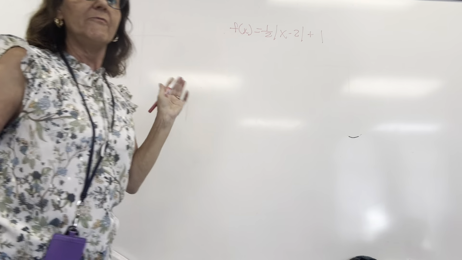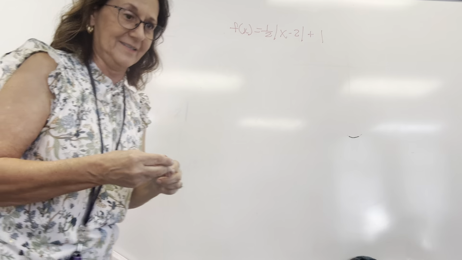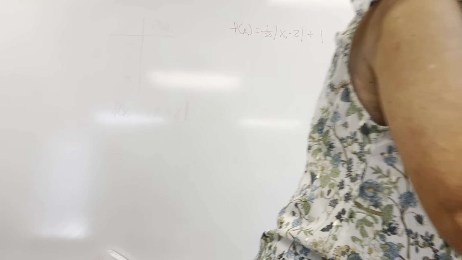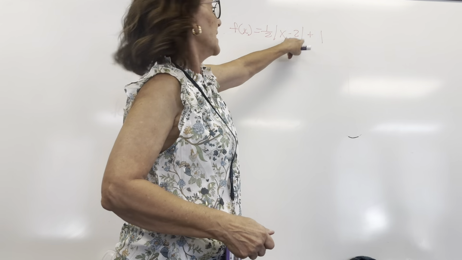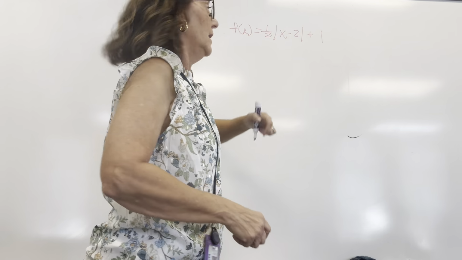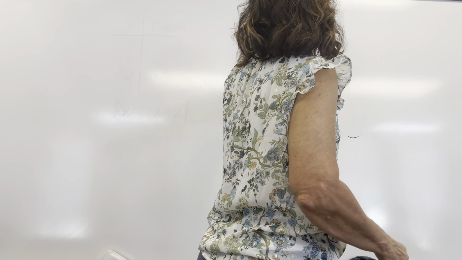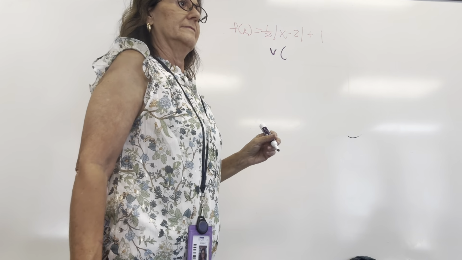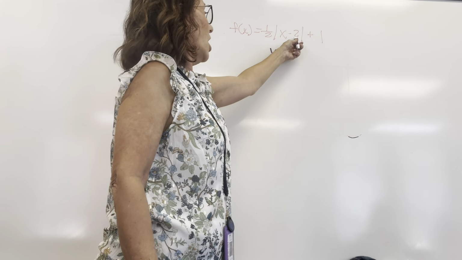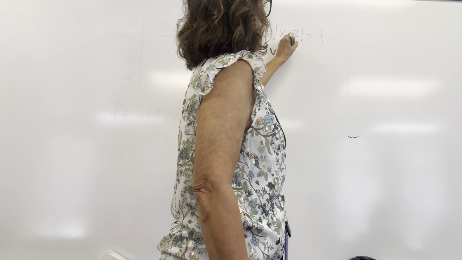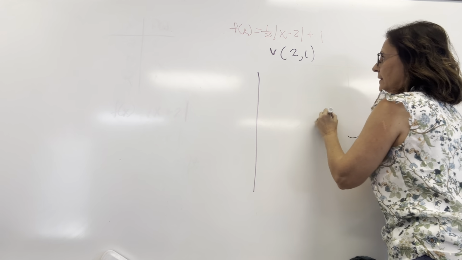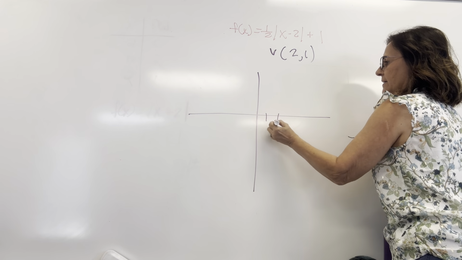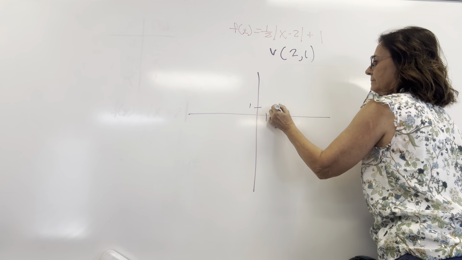All right, somebody give me the vertex. I don't even know if you can see that on the video. This is 1/2 bars. X minus 2 plus 1. All right, where's my vertex? Opposite. Same. All right, so my vertex is going to be at 2, 1.